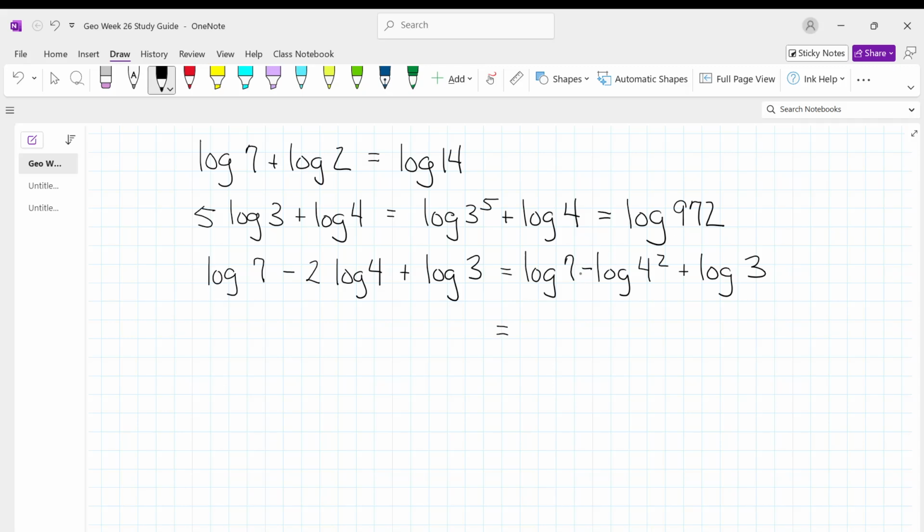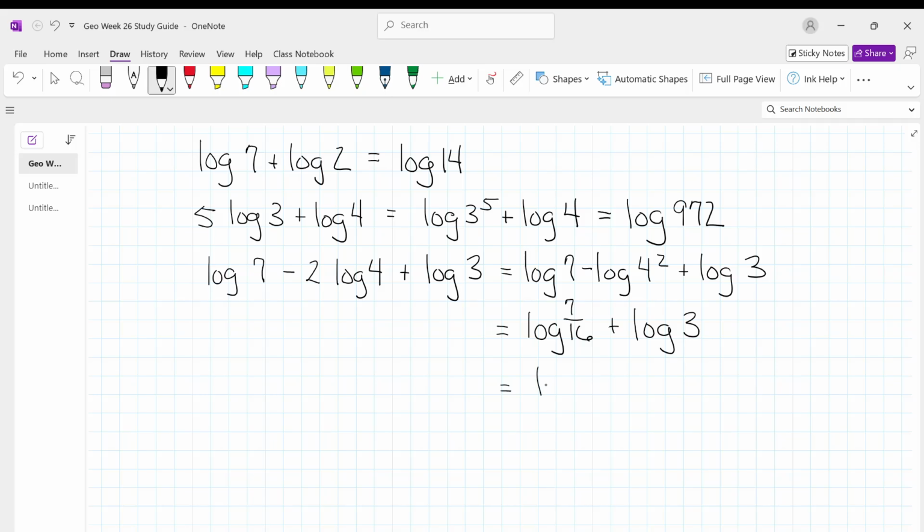We would apply the quotient property. So we would have log 7 over 16 plus log 3. And now since we're adding, we would apply the product property.